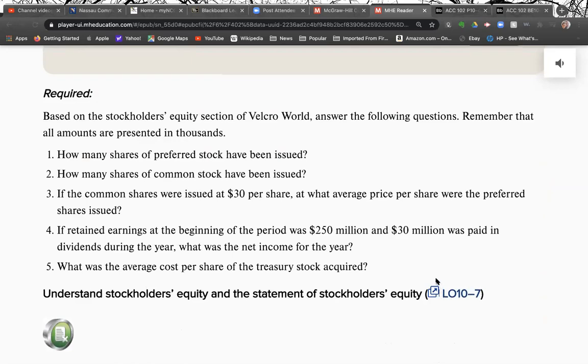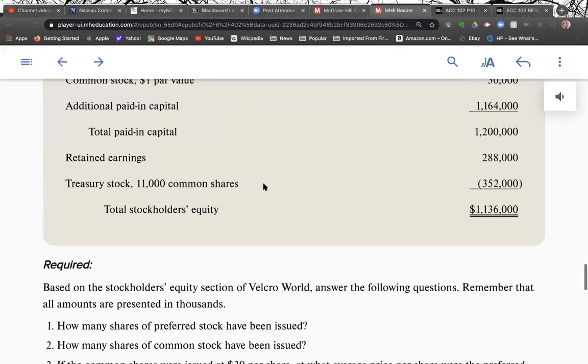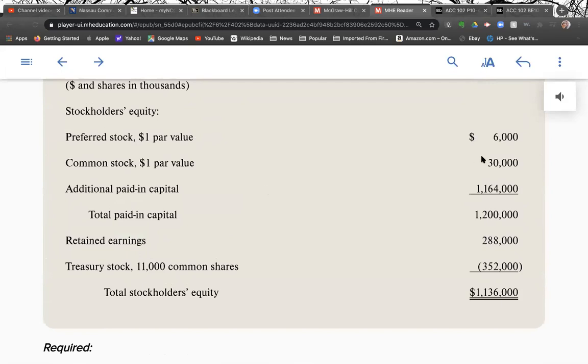Okay, now, based on this, let's answer these questions. How many shares of preferred stock have been issued? How many shares of common stock have been issued? Now, the reason I mention them both together is that the calculation is the same, right? And if we go back up here and look, this number here is 6,000. That's 6,000 total.